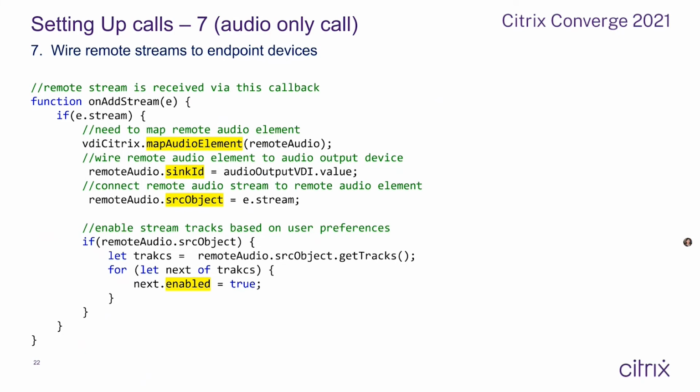After then, we wire remote audio stream to audio element via source object property. And then finally, based on the user preferences, we can enable or disable remote stream tracks.